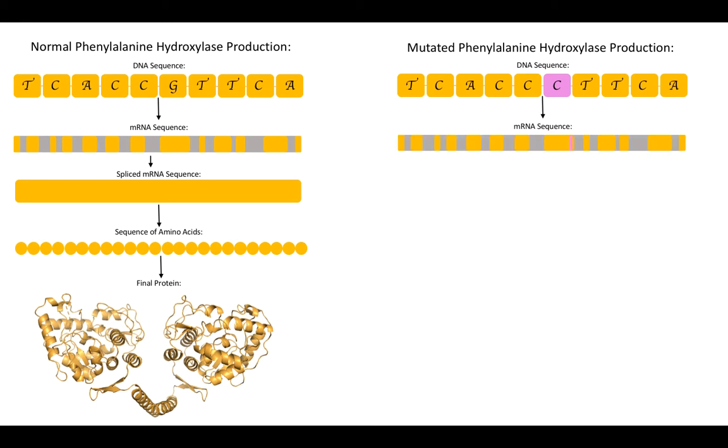But nonetheless, this sequence is converted into an mRNA sequence, ready to cut out all of the non-coding regions and have the coding regions be pasted back together to form that long strand like we had before. But this pink region here is showing where the mutation in the DNA sequence has actually occurred.